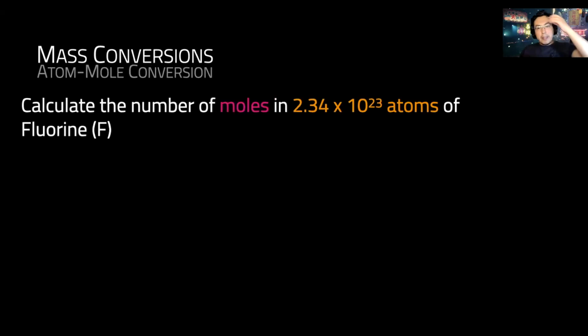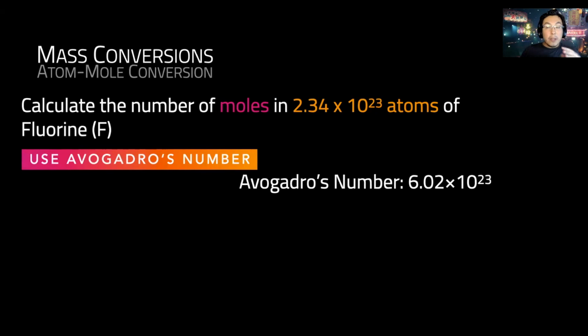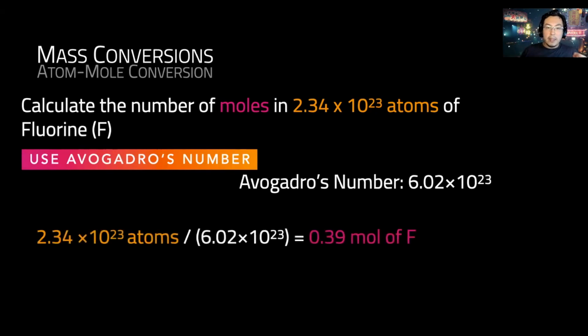Now, what about here? It's already giving you a specific amount of atoms and they're asking you to change it to moles. So we know we're going to be using Avogadro's number, but how exactly? In this case, because we're already given a number, we're actually going to be dividing. If you remember the map, we had moles in the center, and in order to get from atoms to moles, we need to divide.